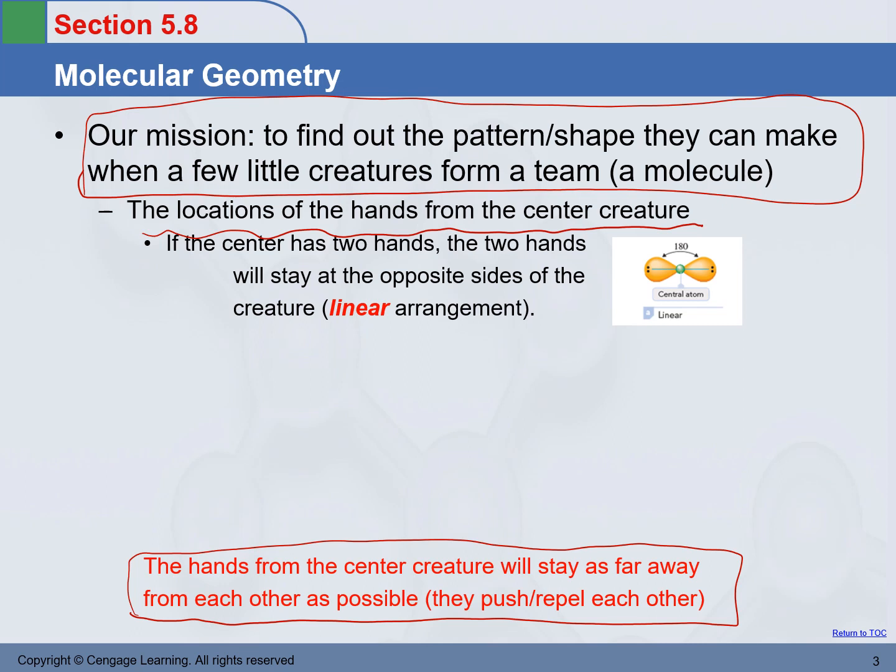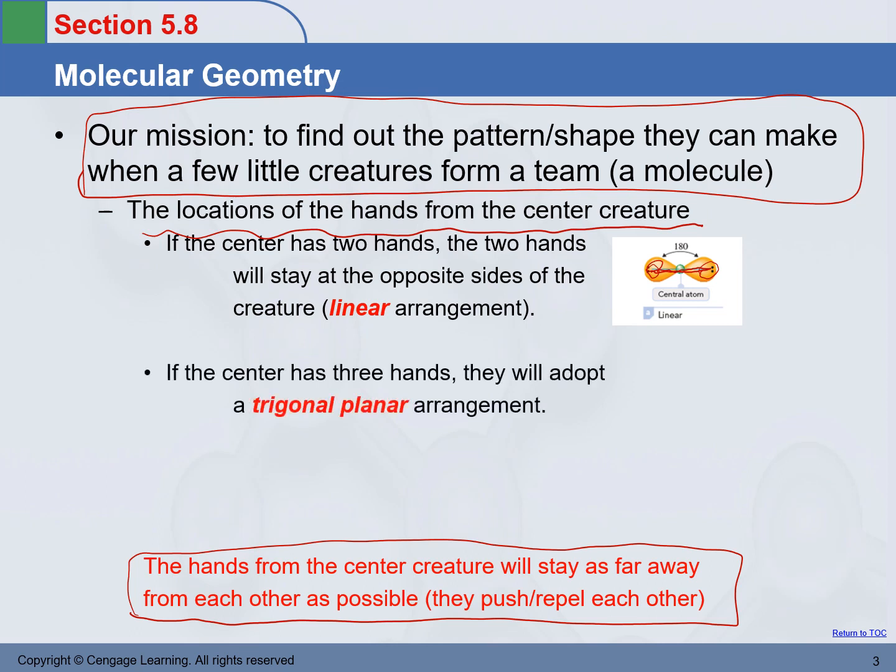They will stay as far away as possible from each other, so the two hands will be totally opposite from each other, each one on the other side of the little creature, the center atom. We call this geometry, the shape of two hands, a linear geometry. These two hands will be arranged around the center in a linear shape.